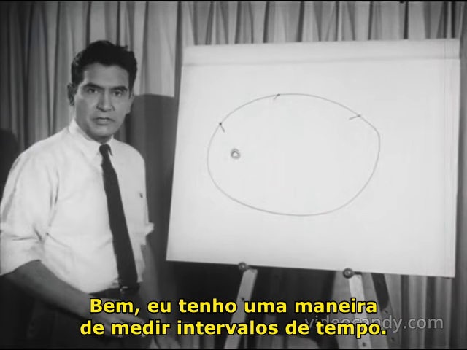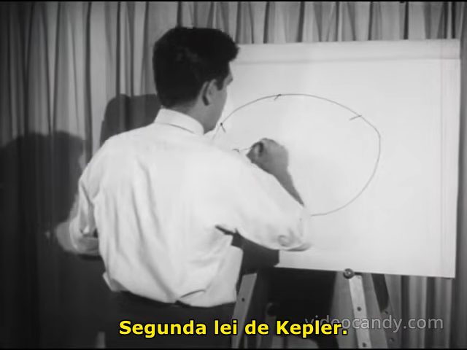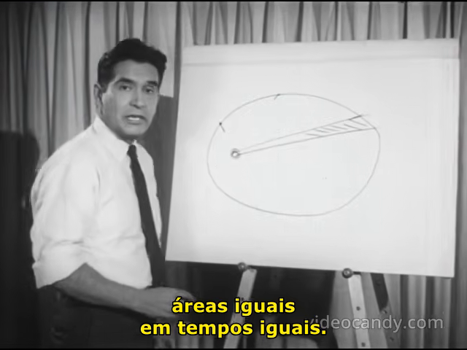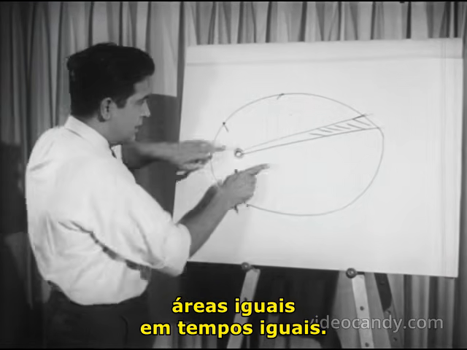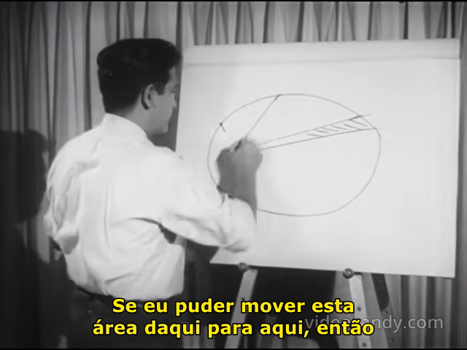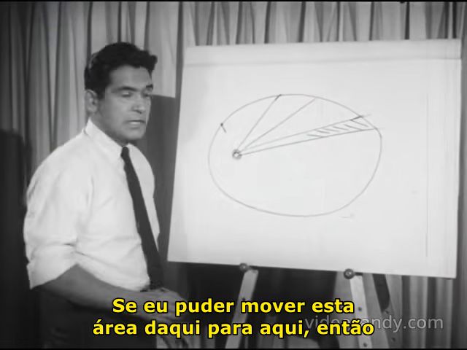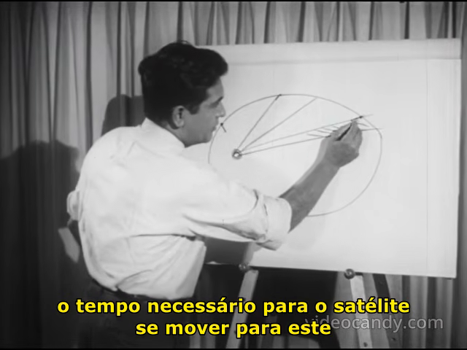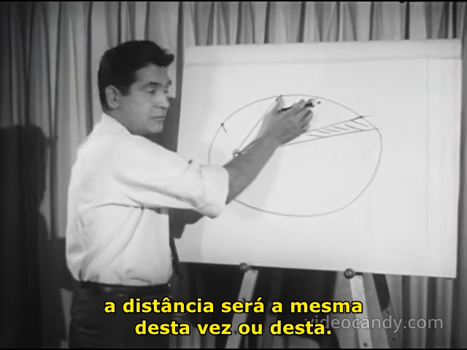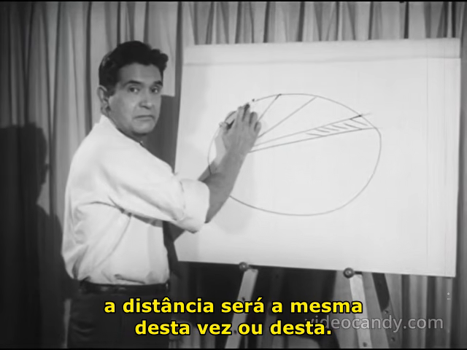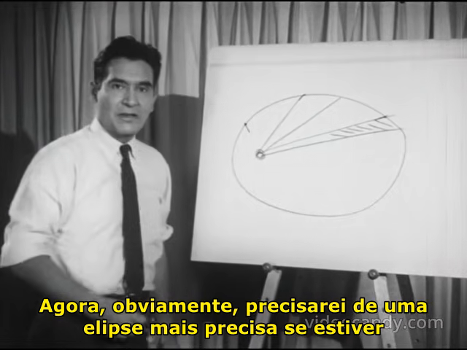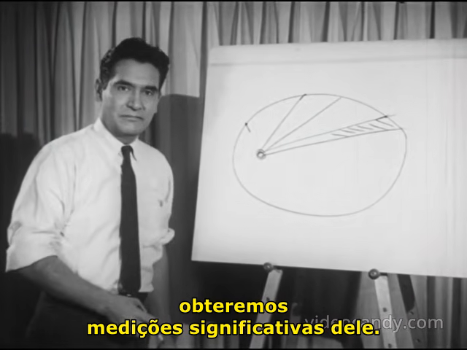Well, I have a way of measuring time intervals. Kepler's second law. Equal areas in equal times. If I can move this area from here over to here, then the time required for the satellite to move this distance will be the same as this time, or this. Now, obviously, I'll need a more accurate ellipse if I'm going to get significant measurements from it.